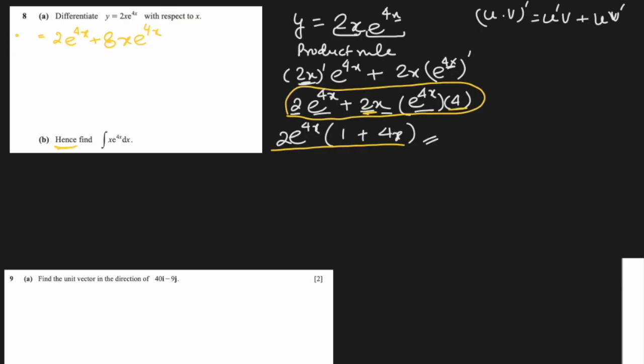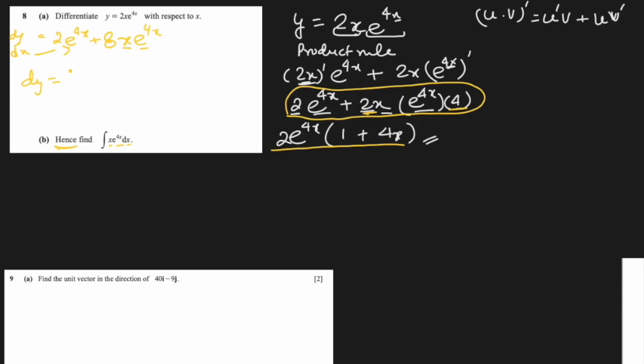And it is dy over dx, right? Now look, x e to the power 4x dx, the x e to the power 4x and dx can multiply here. So let me rearrange again.